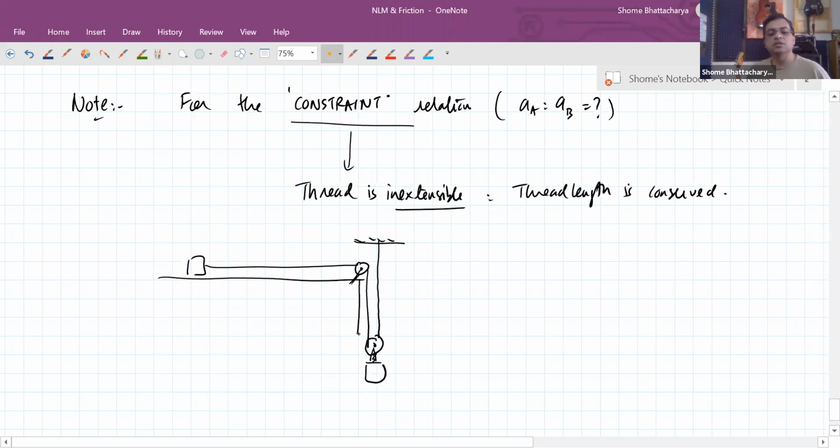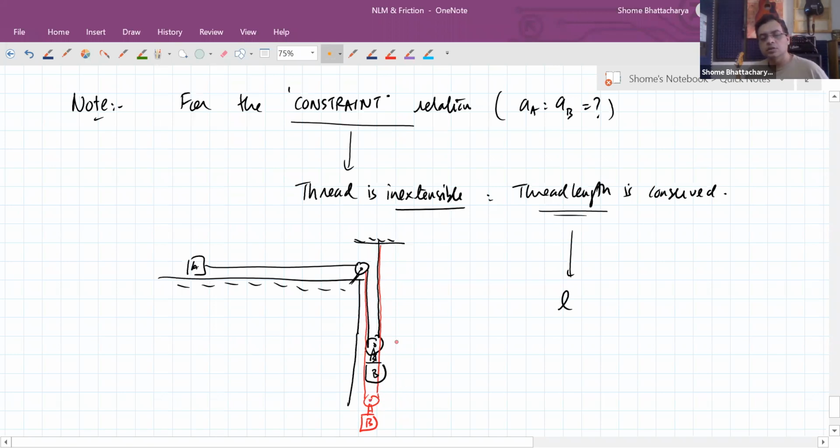This was our situation initially, and the thread length is, suppose, L. Now after some time, suppose block B together with the pulley has got pulled down.